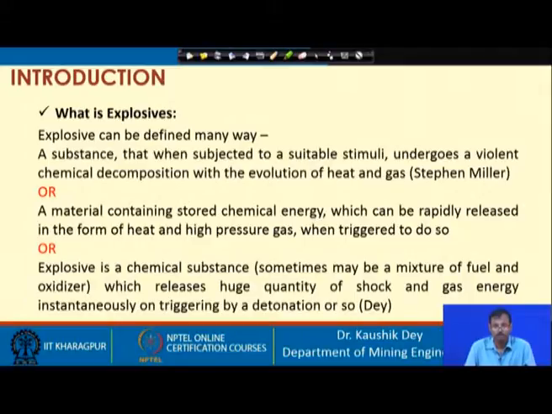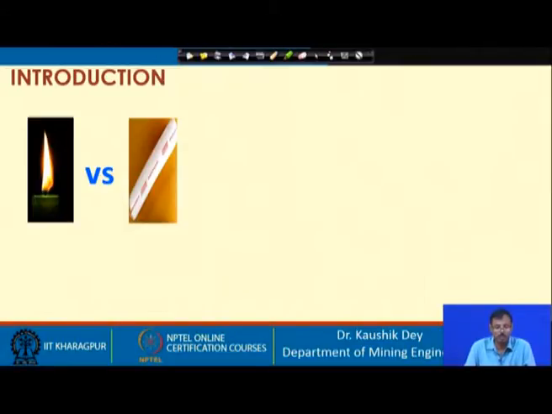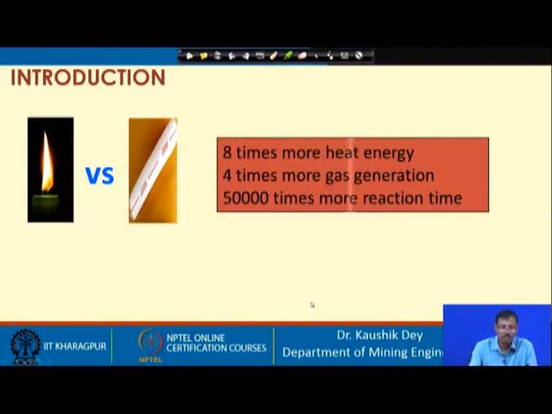If you go through the next slide, probably it will be more clear to you. See, there is a candle on the left side, and on the right side there is an explosive cartridge. Suppose you take one piece of candle, say 100 gram, and one piece of explosive, 100 gram, and you want to see which one is more dangerous, how much energy they are releasing.